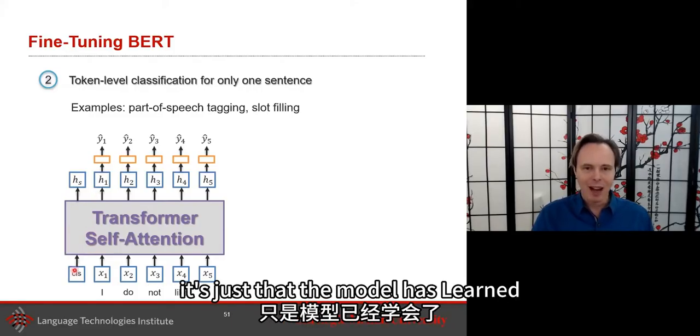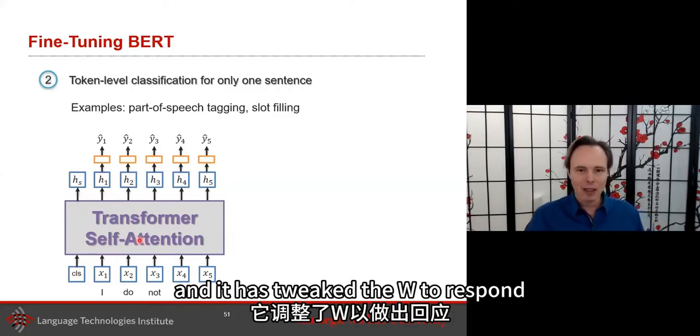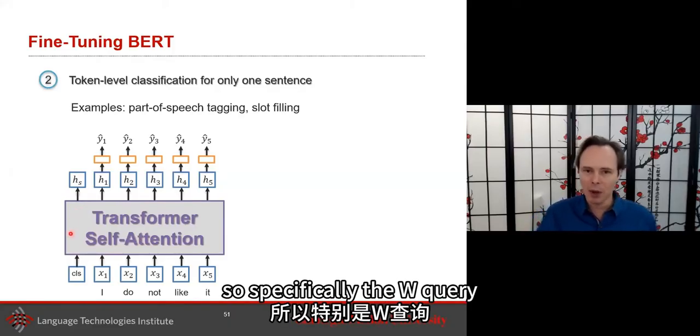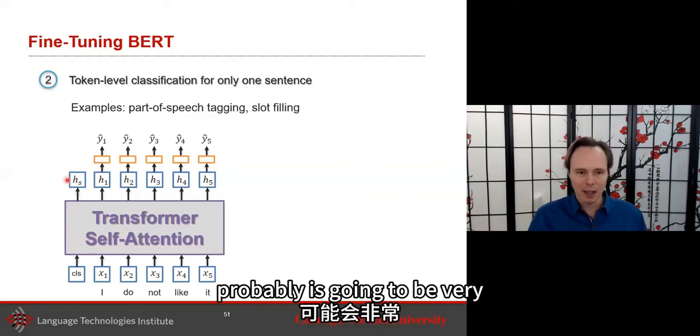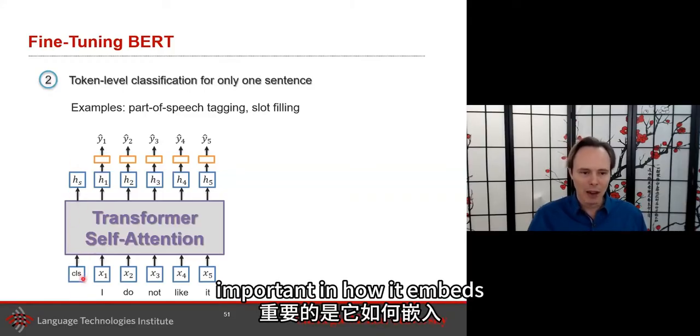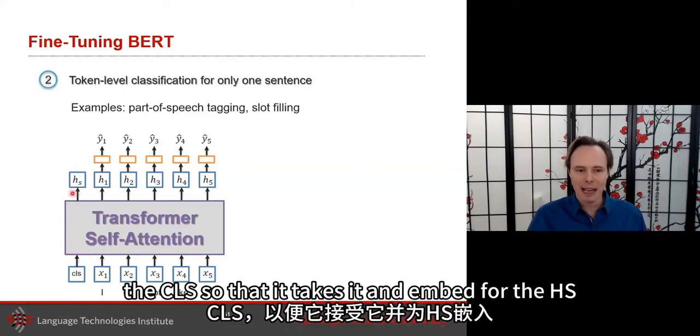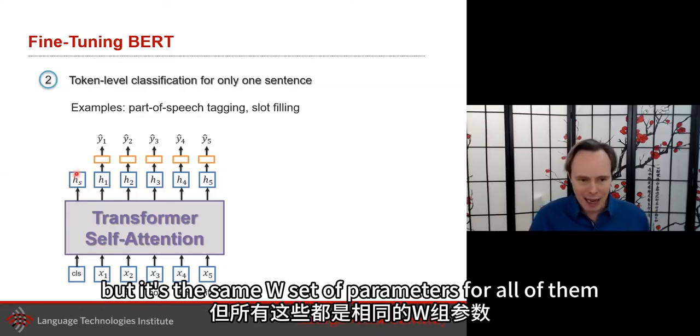It's just that the model has learned and tweaked the W to respond. So specifically the W query is probably going to be very important in how it embeds the CLS. But it's the same set of parameters for all of them.